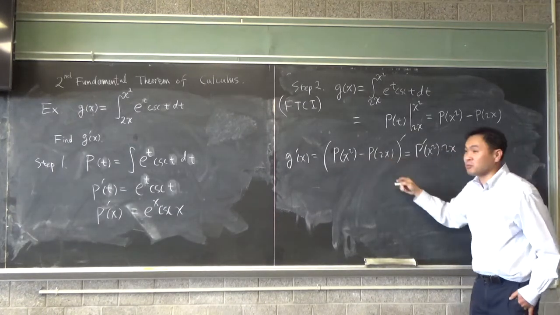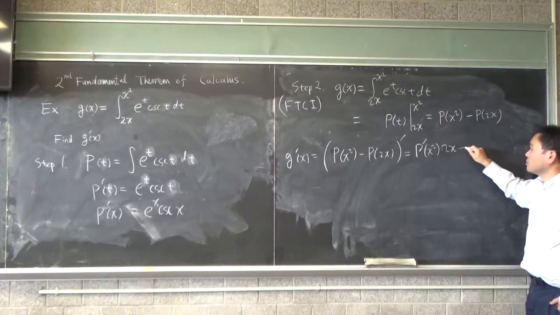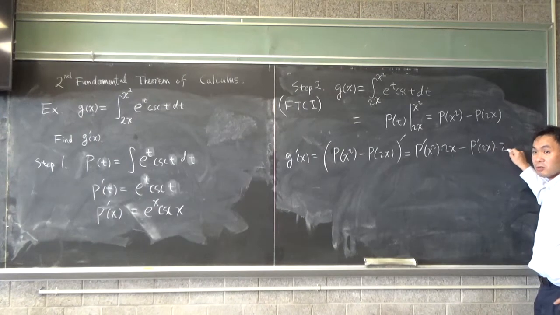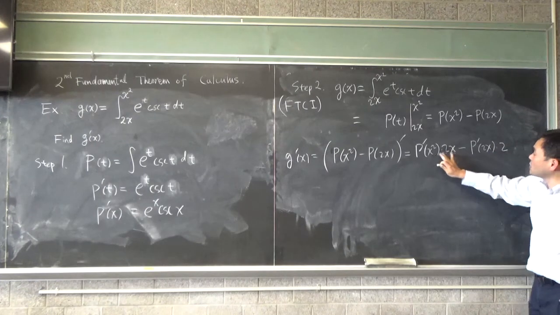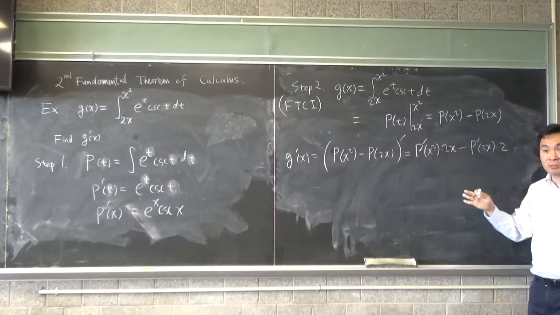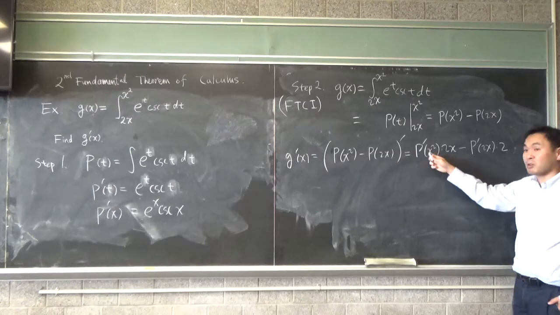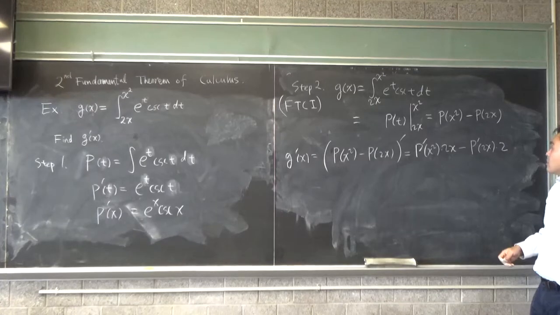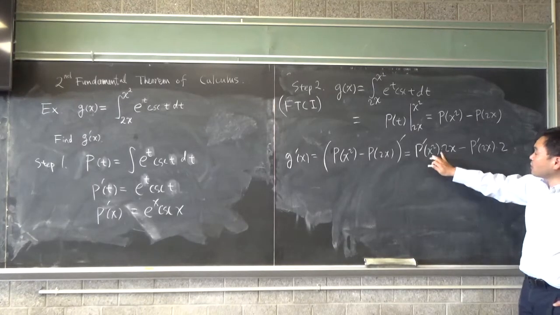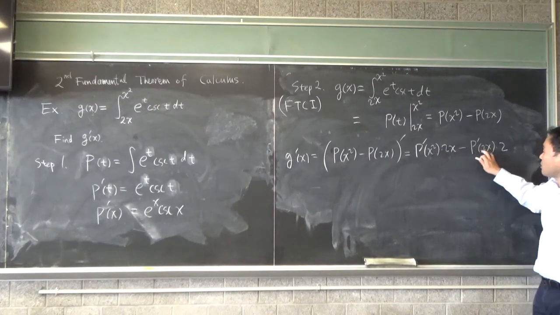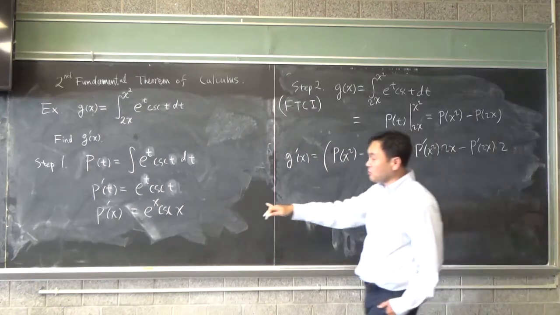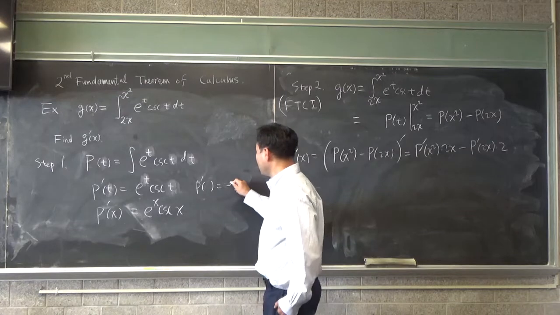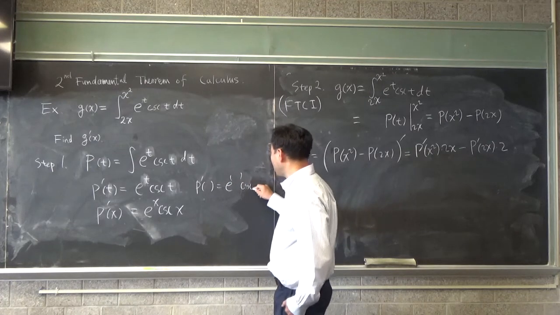Okay, what about p of 2x prime? P prime of 2x times 2. And both of these are the derivative of the inside functions, because the chain rule says you have to differentiate the inside function. They appear on the outside. Now you have to figure out what p prime of x squared and p prime of 2x are, but we have the definitions here. P prime is e to that thing cosecant of that thing.